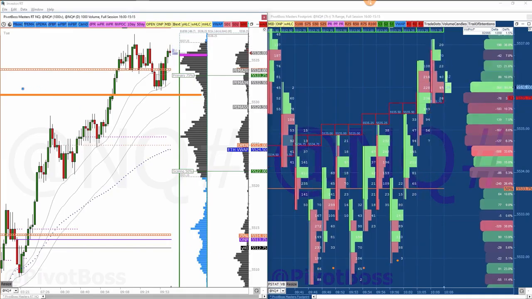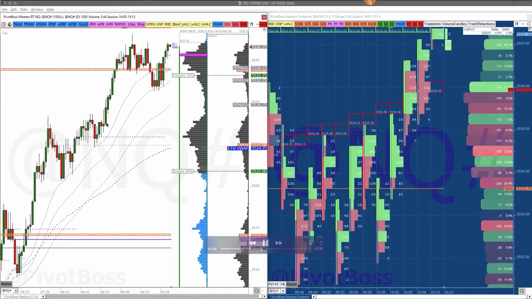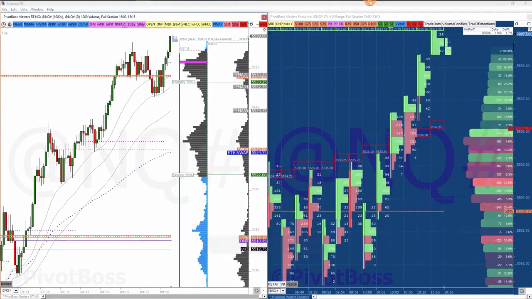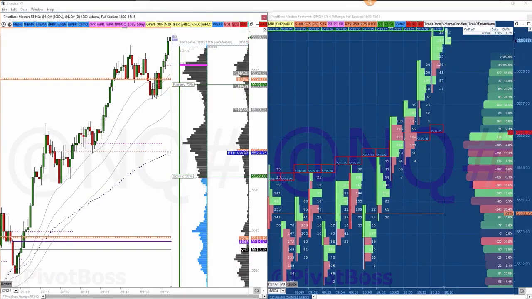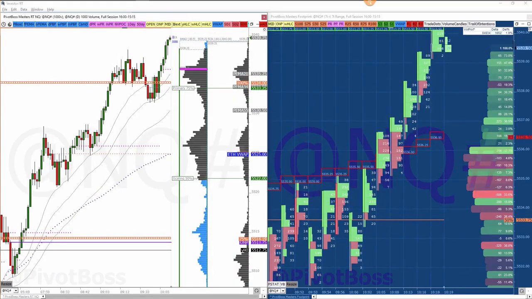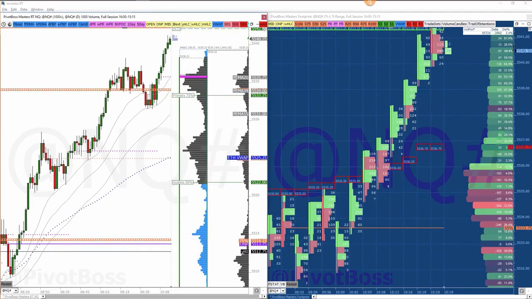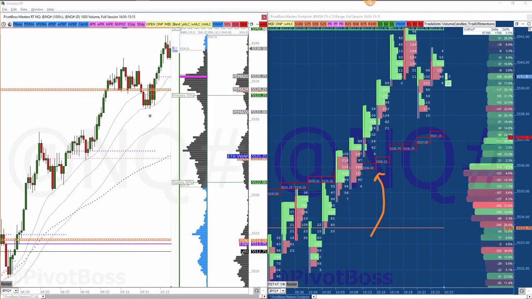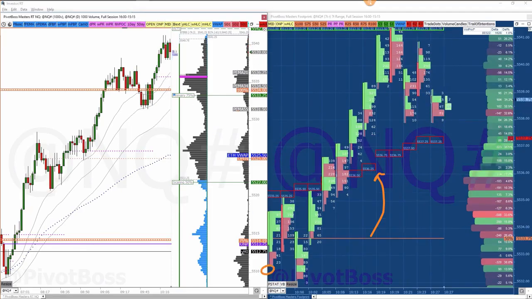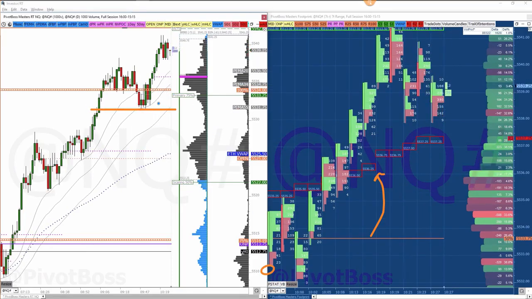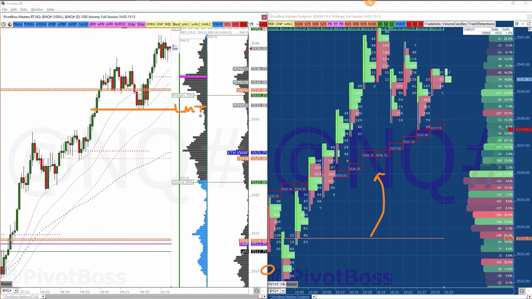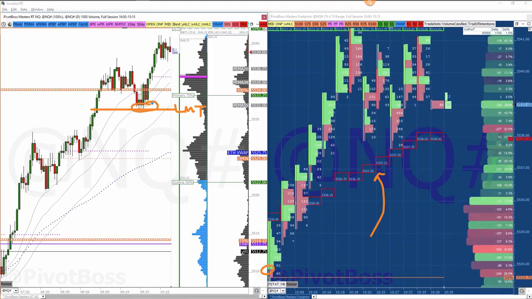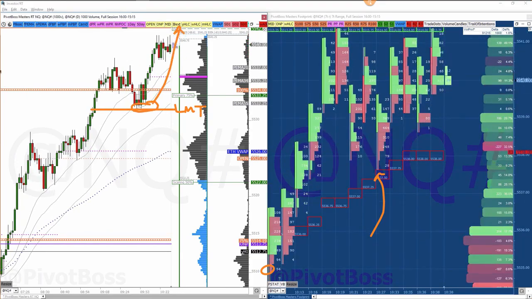In the room, we've been seeing a lot of this, especially the clash between aggressive participants and passive participants. The aggressive participants are these parties right here, getting in with market orders. They were selling down here, trying to break this thing down. Meanwhile, limit orders by passive bulls were defending, absorbing, and looking to rotate higher.